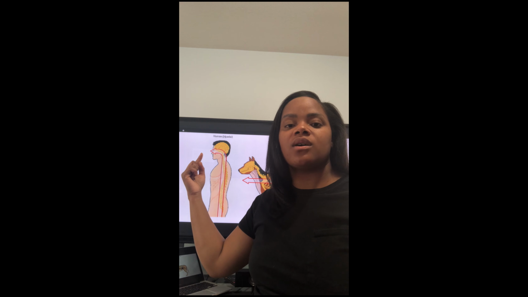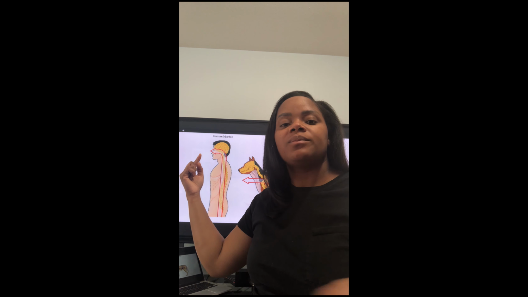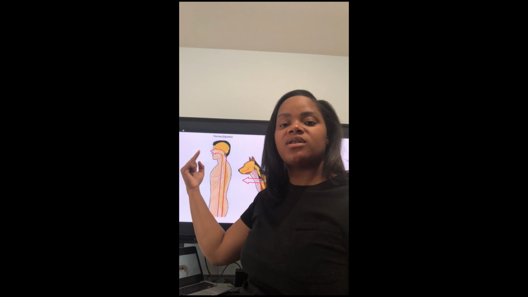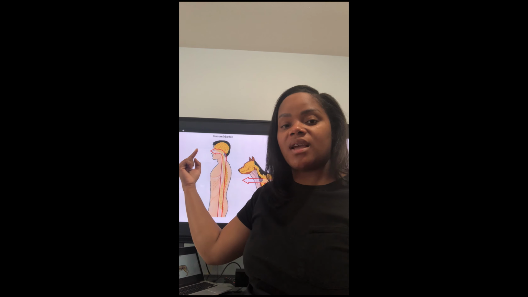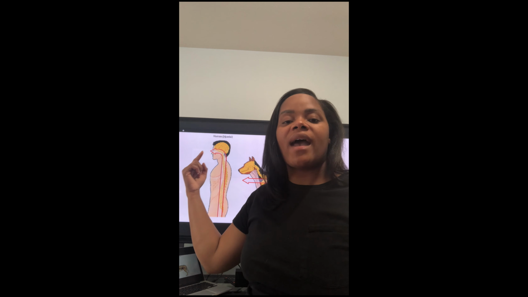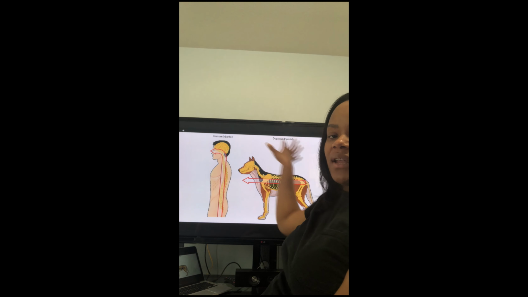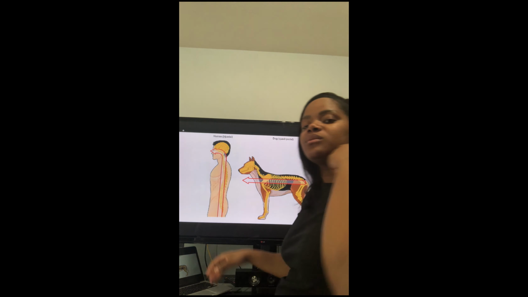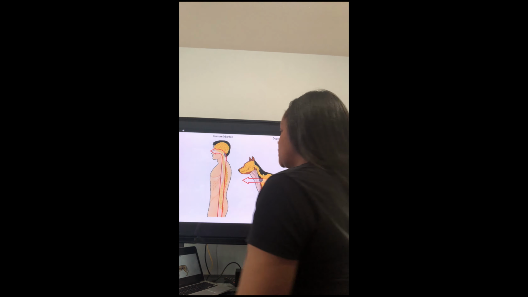The reason it ends in this way is so that our eyes and face orient forward, whereas in a four-legged animal, the neural tube runs anterior to posterior.